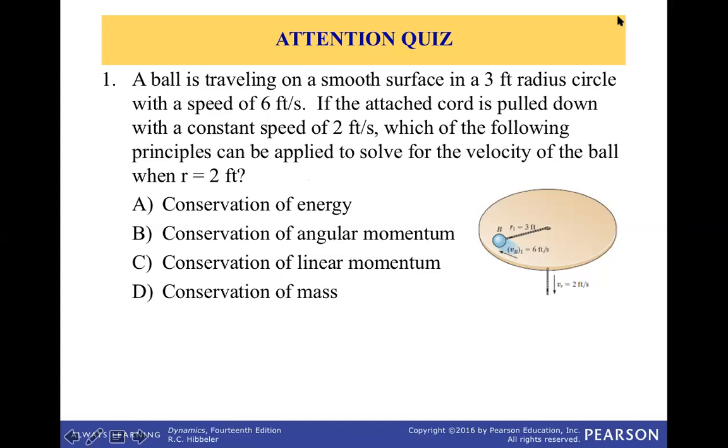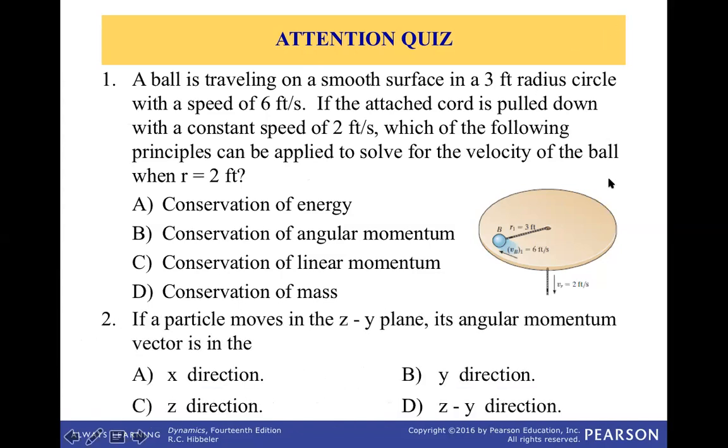Now, the second one says if a particle moves in the zy plane, its angular momentum vector is in... I think I did this one earlier, so let me just go through it with you. If it's in the zy plane, that means the r vector is going to be in the zy plane, and the momentum vector mv is also in the zy plane.